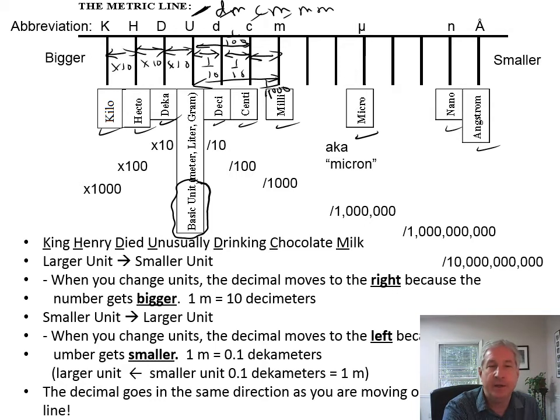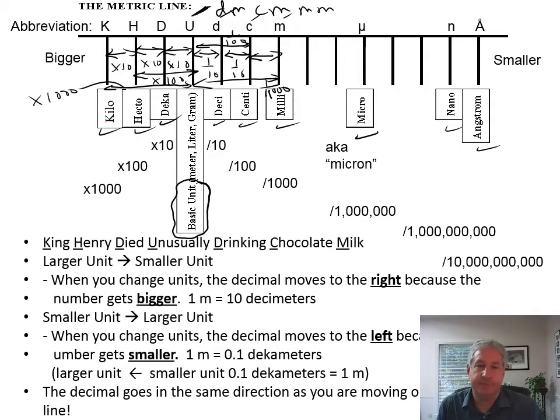So from here to there is times 100, and from here to here is times 1,000. So it's times 1,000, times 100, times 10, and this side is divided by 10, divided by 100, divided by 1,000.